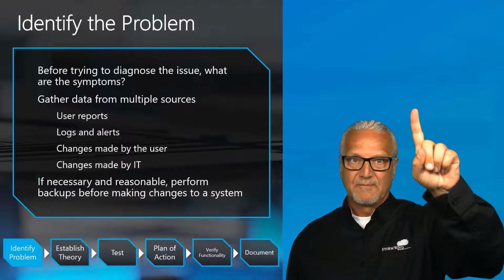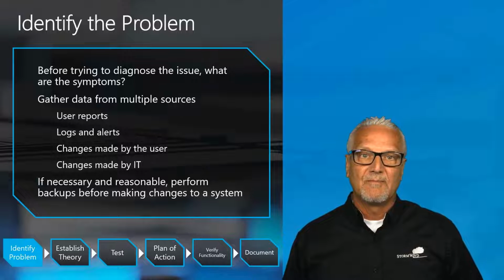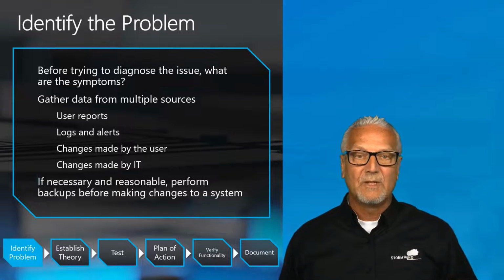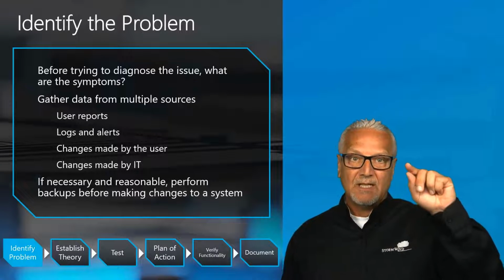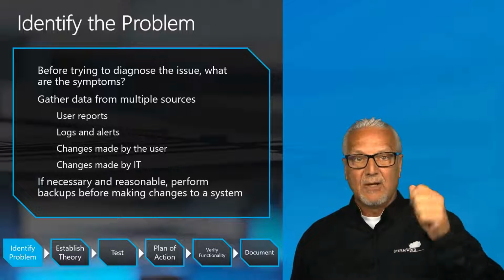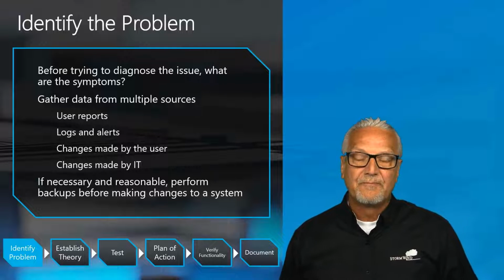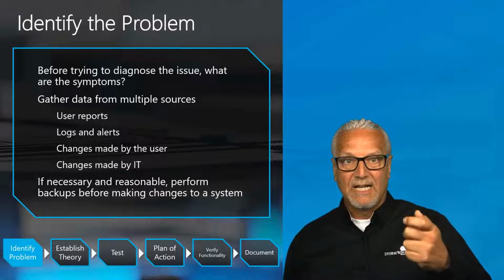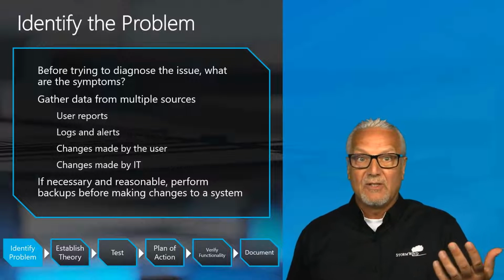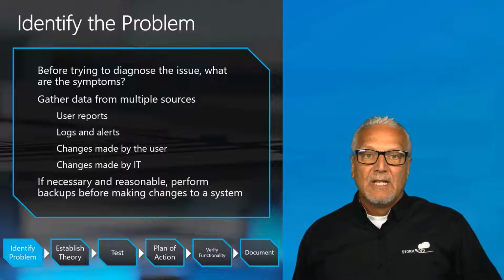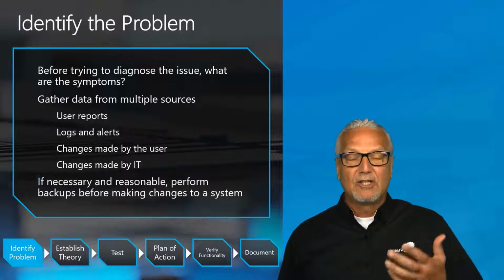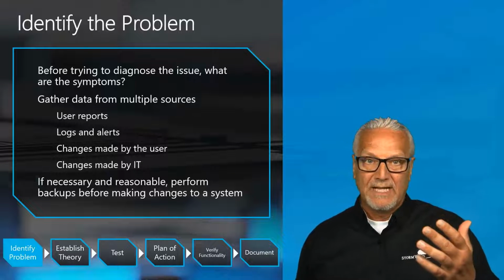Step one, identify the problem. What's going on? What's happening? Now, if you've ever dealt with any serious health issue, or if you've dealt with police or things like that, good bedside manner goes a very long way.